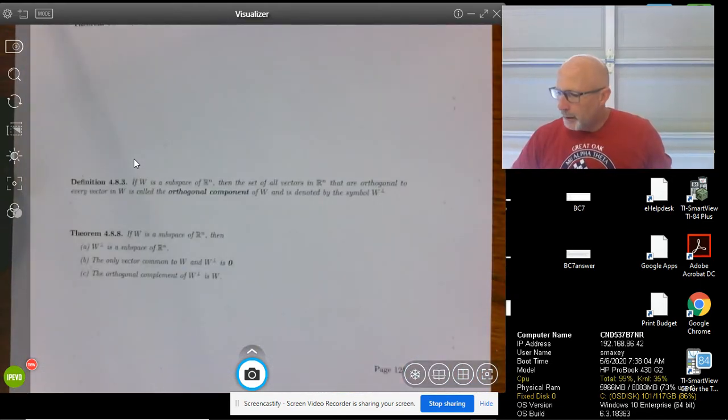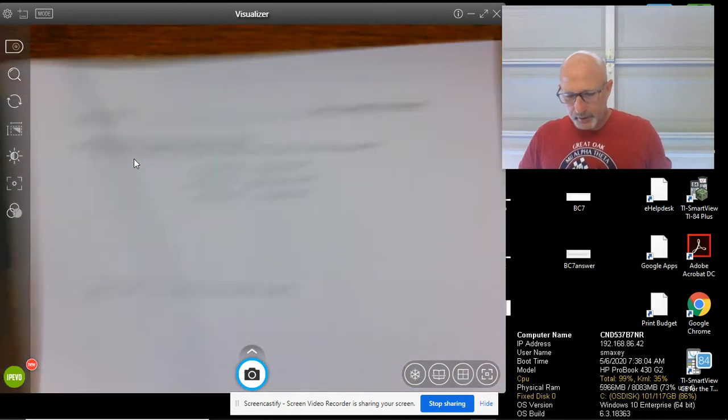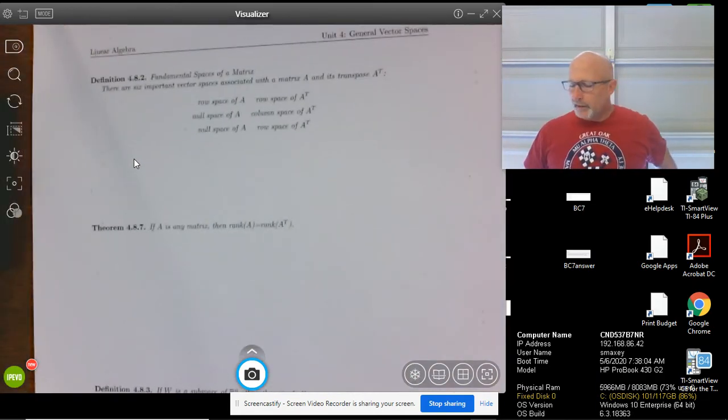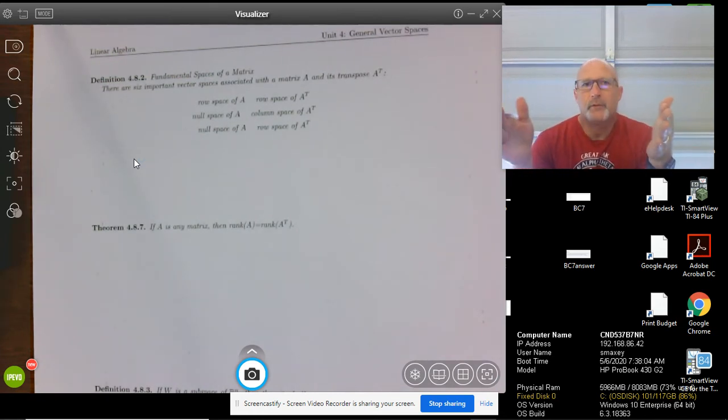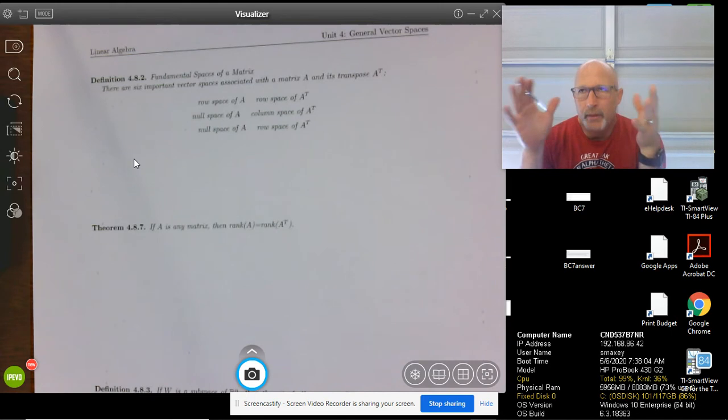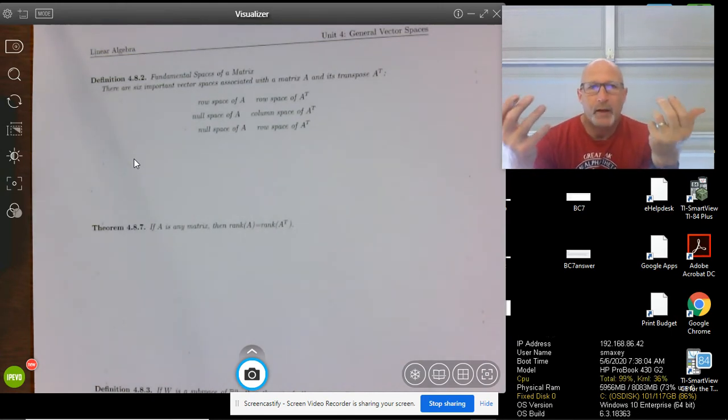Okay, next page. You got 2 pages left, kind of. So we got some things going on here. Fundamental spaces of a matrix. We start working with matrices, and then we define subspaces. Now we decide, what are the important subspaces?